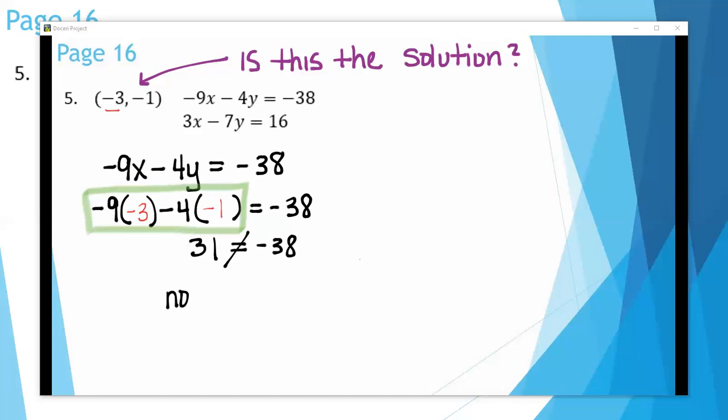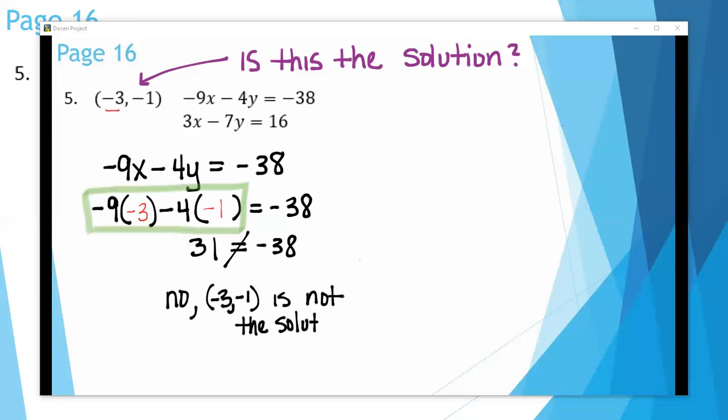Because in order for it to be the solution, it would have to be true for both equations. Now, because I checked it in the top equation and I got a no, I automatically know the answer is no. No, (-3, -1) is not the solution.